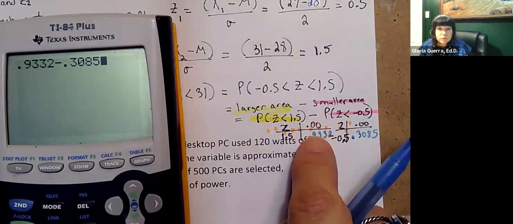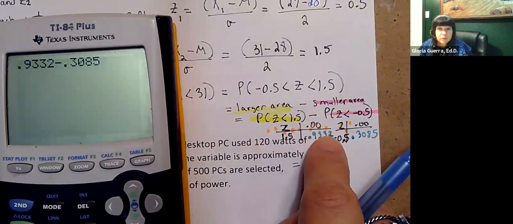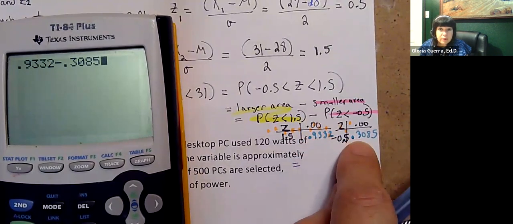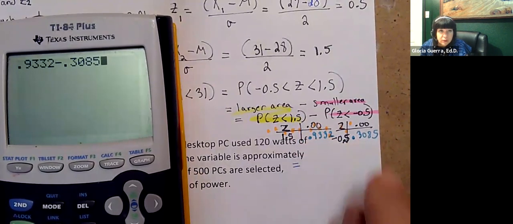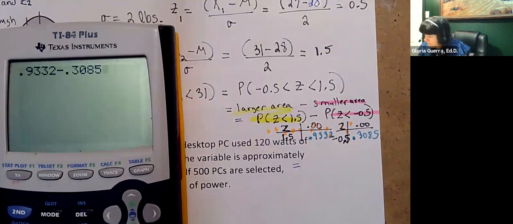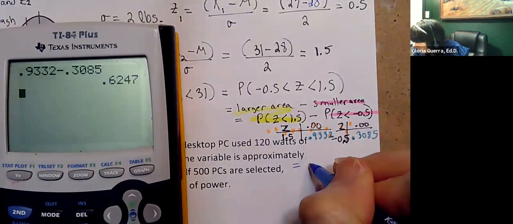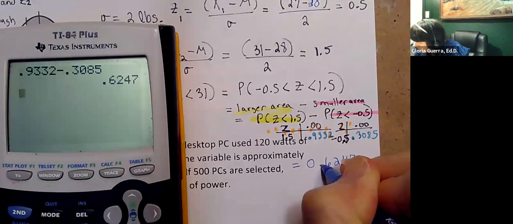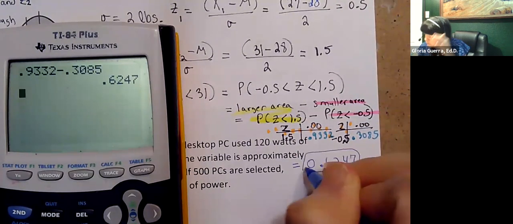This one was 0.9332, that was the larger area, minus the smaller area, 0.3085. And that gives us 0.6247. Okay.